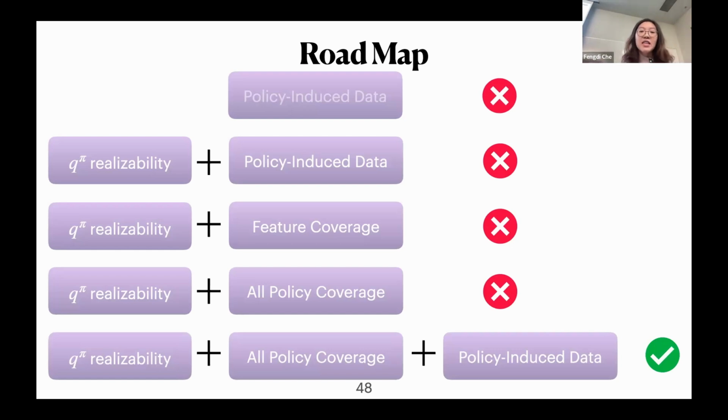And policy-induced data means all data needs to be generated by a policy. So in this case, we cannot add any spurious data into our data set anymore. And these two results combined together really show us that these two conditions are enough. The only problem here is the spurious data, and it can be removed by trajectory data.